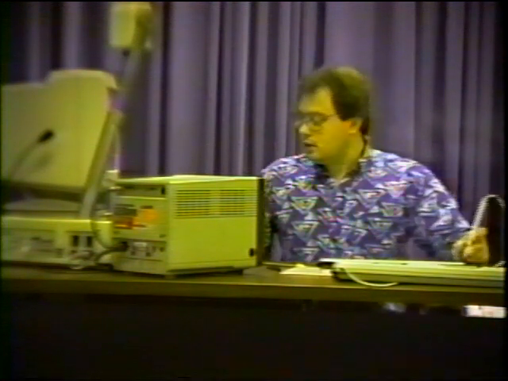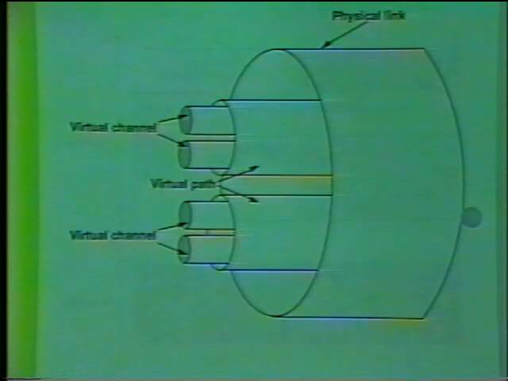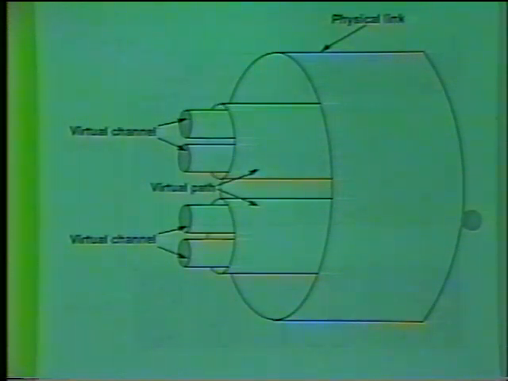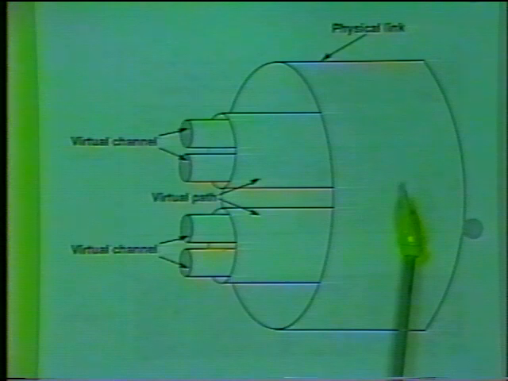To tie the virtual path and the virtual channel together, on page 16 we're trying to show this physical link. So this would be your fiber cable, or if you're in taxi, then this would be an FDDI, but either way it'd be fiber.